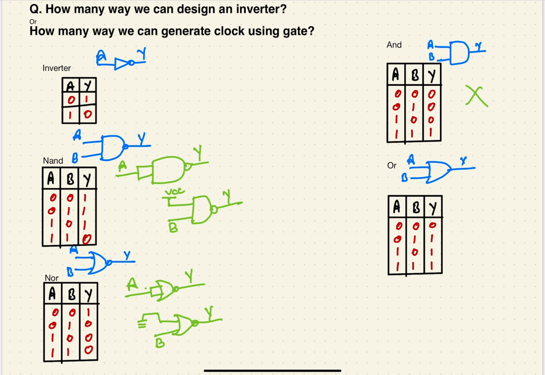And the same is the case with the OR gate. If both inputs are 0, output is 0, and if both inputs are 1, output is 1, and also in the intermediate combination we can't make an inverter. So with the OR gate it is not possible to make an inverter.